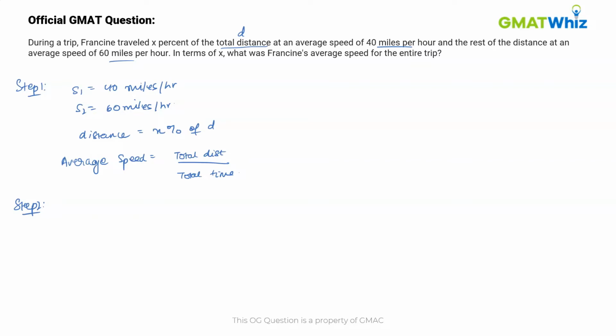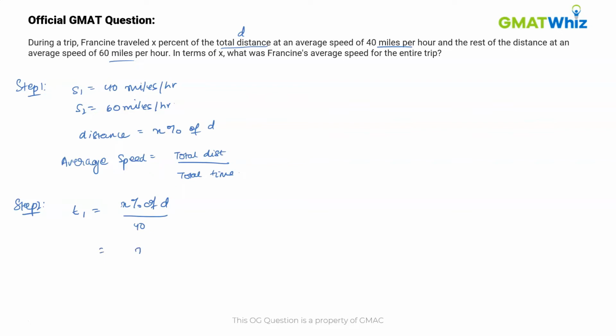Now the time that Francine takes to cover the first part of the trip will be equal to the distance travelled divided by the speed. So the distance will be X% of d and the speed at which he travels in the first part of the trip is 40 miles per hour.